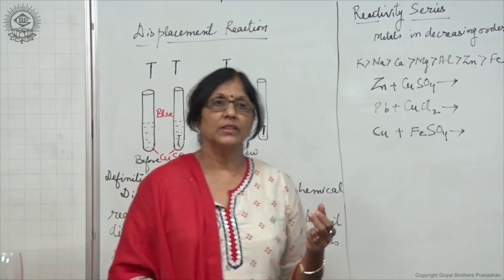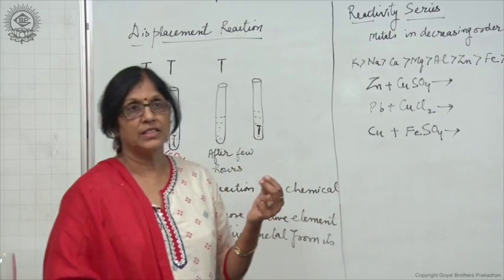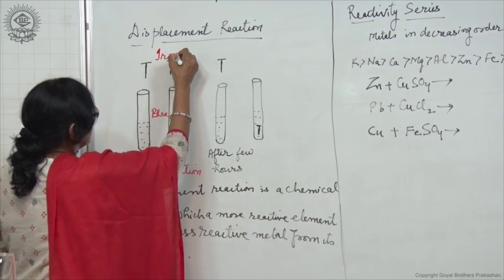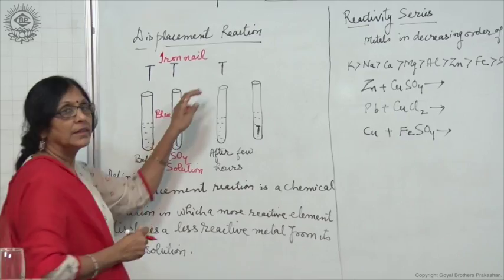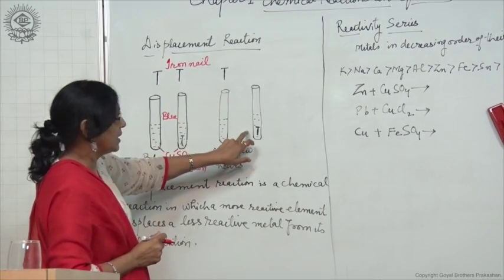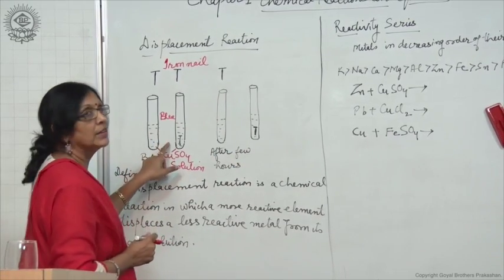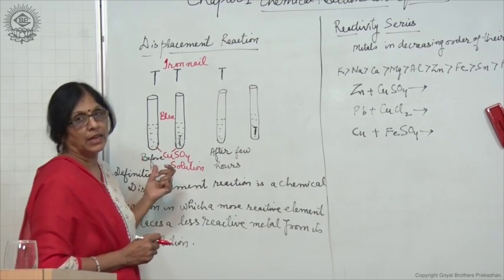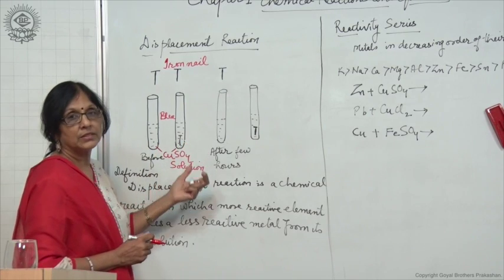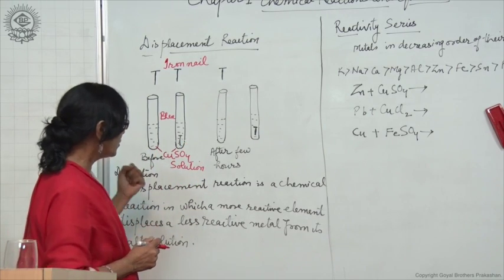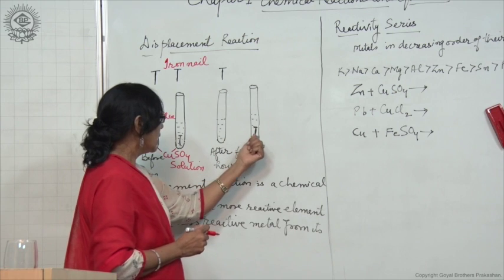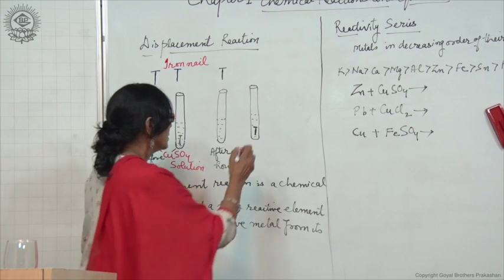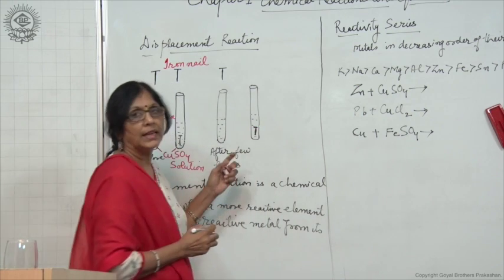Now, the iron nails will be shiny, both of the iron nails are shiny. One of the iron nails is kept outside and the other iron nail is kept inside the copper sulphate solution. So, before the experiment starts, both have the same color. After a few hours, what do you observe? You will find that in the test tube in which the iron nail has been kept, the color of the iron nail has changed.